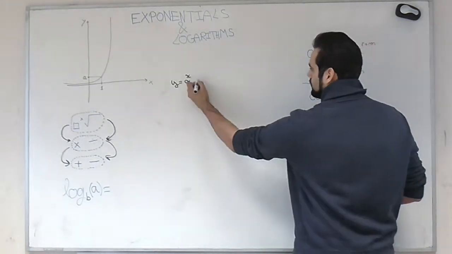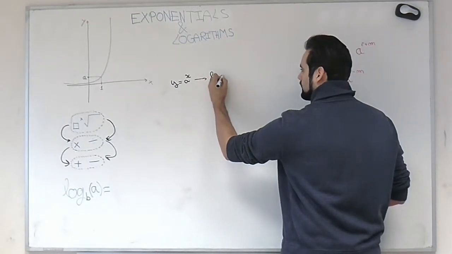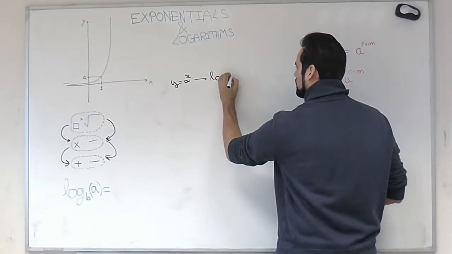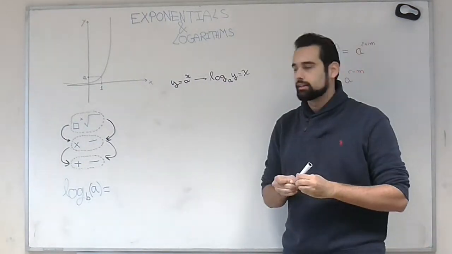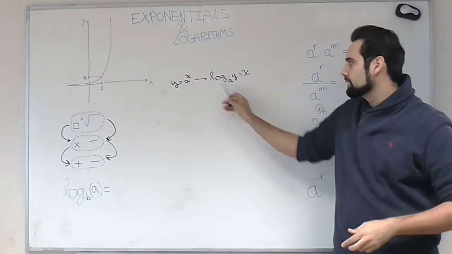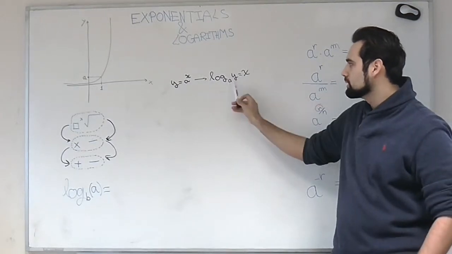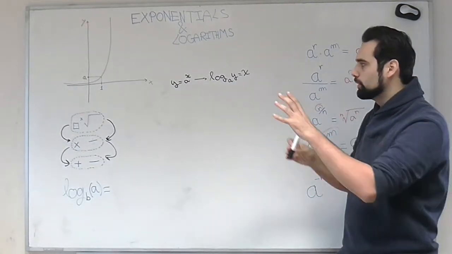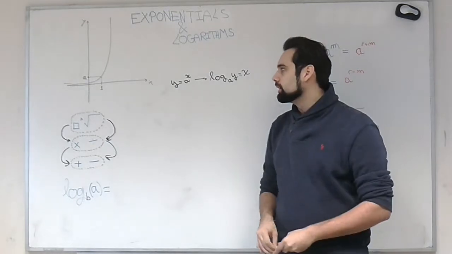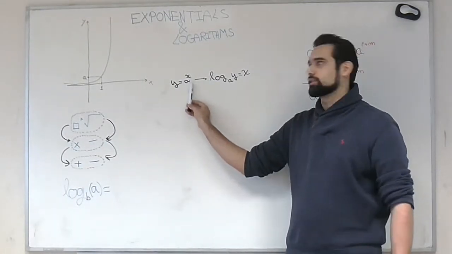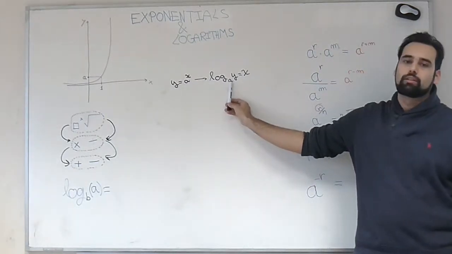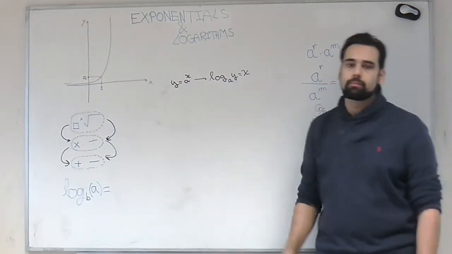And the expression is like this. Notice that I have kept the same variables, so that you know where each variable goes. A neat trick to remember this is that whatever is a base on the exponential is still going to be a base on the logarithm.